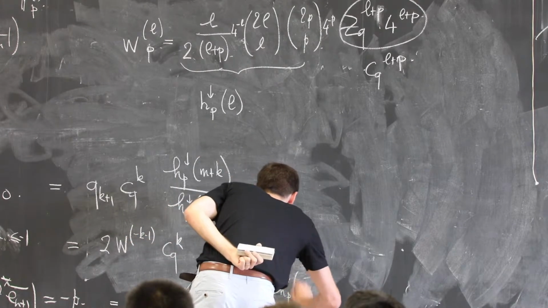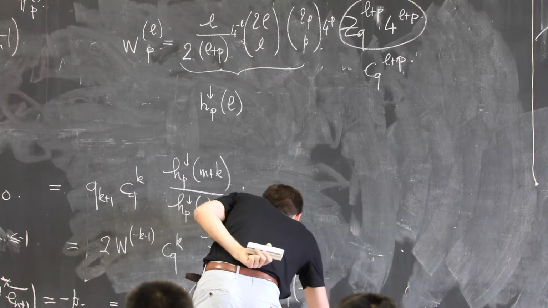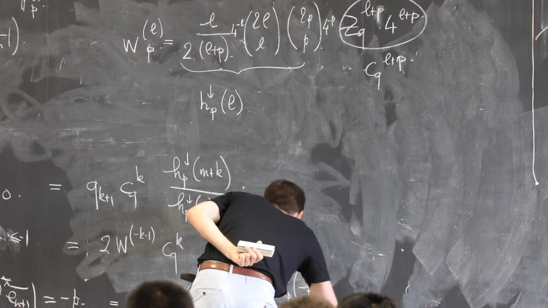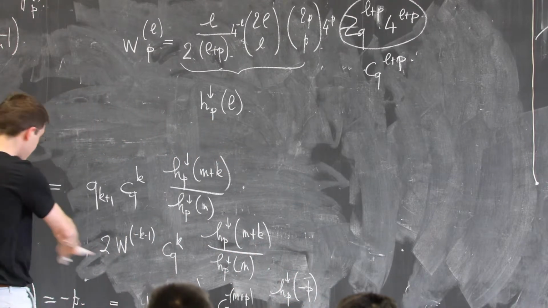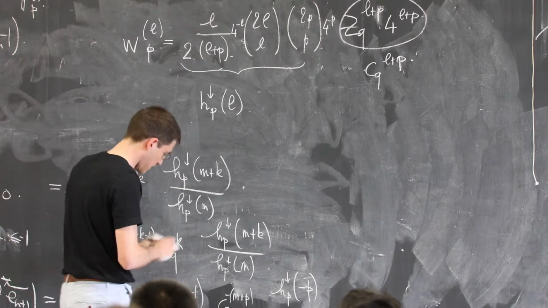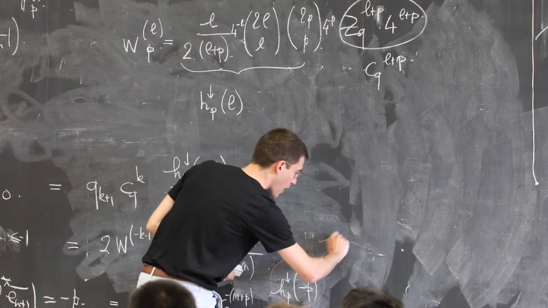H of minus P divided by H of M. I claim that this is the same if, convention, if you put this guy to be equal to 1.